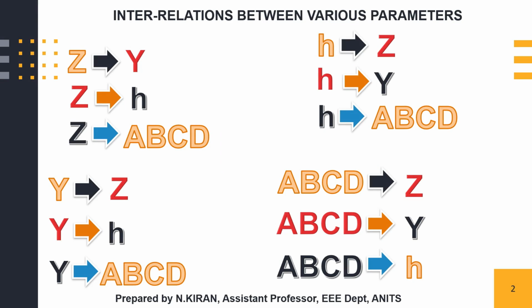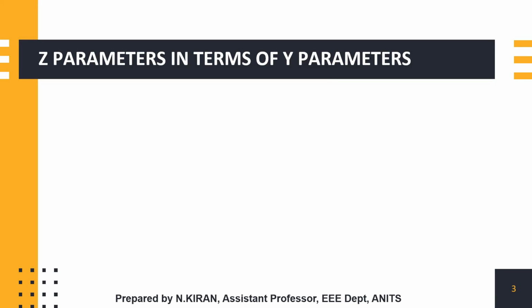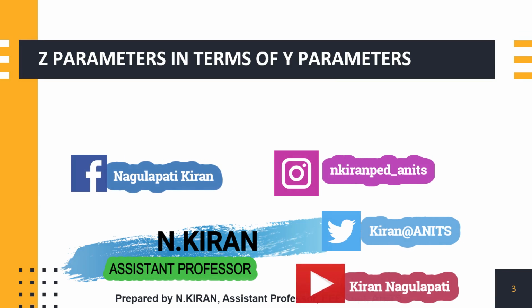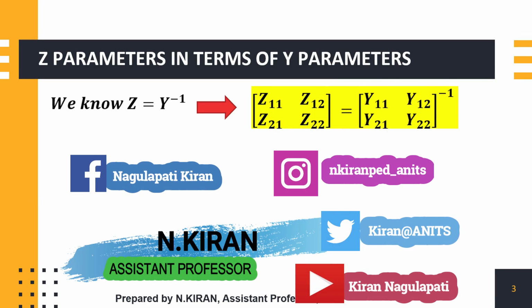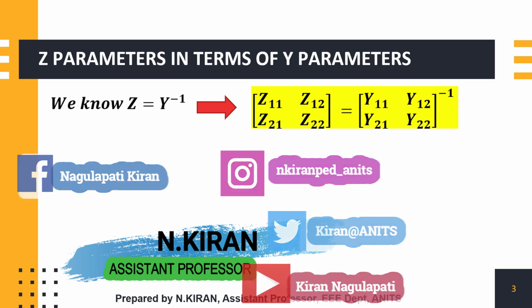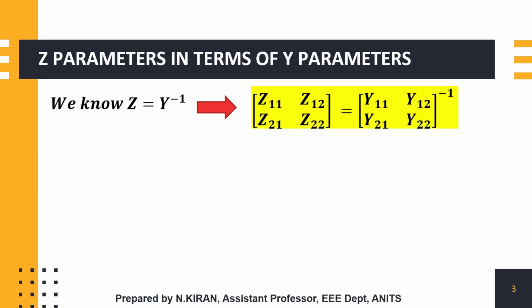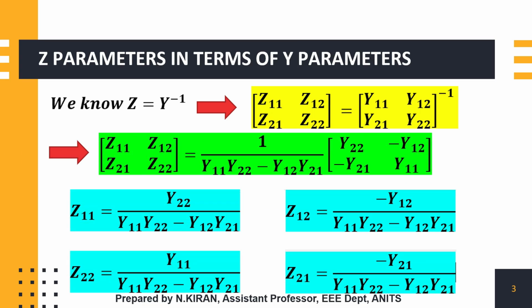In the first relation, Z in terms of Y, we all know that both Z and Y are inverse of one another. So writing the matrix form of Z parameters and Y parameters and finding the inverse of the Y matrix will give me the value of Z parameters in terms of Y parameters.